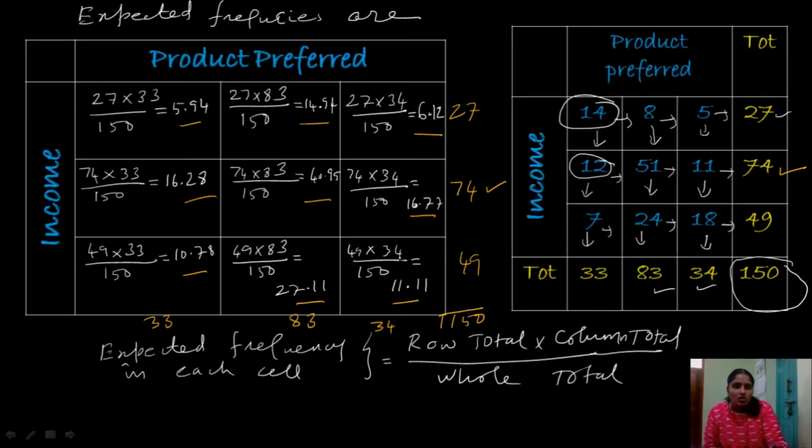So look at the whole total, row totals and column totals. The row totals and column totals coincide with the observed frequencies row totals and column totals, and the grand total should also coincide with the observed frequencies grand total.